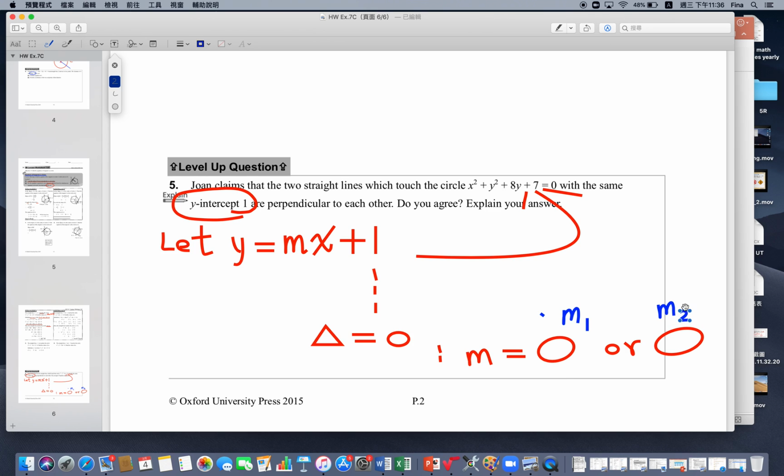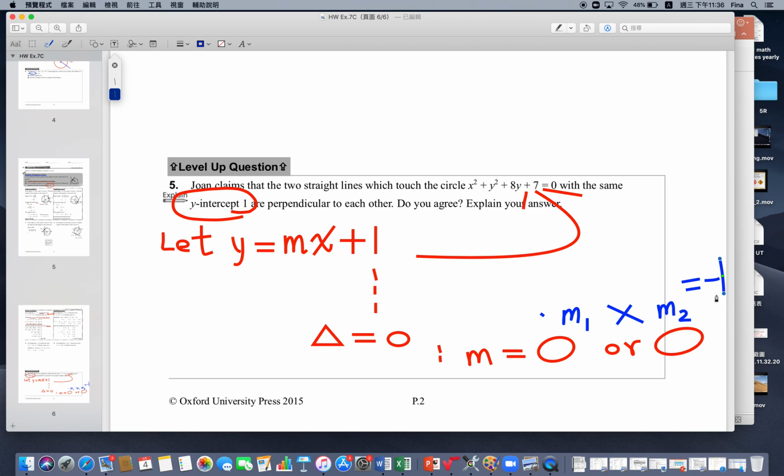Then let's check: when you multiply these two values together, are they equal to -1?